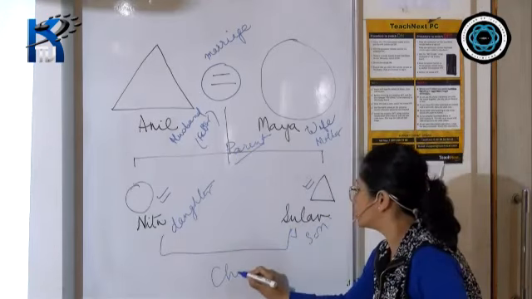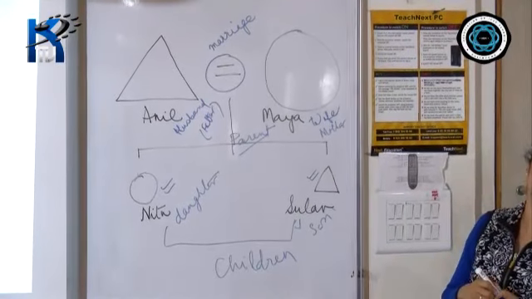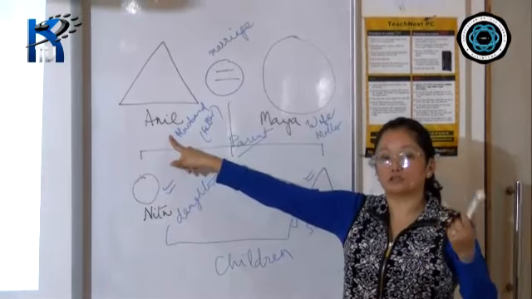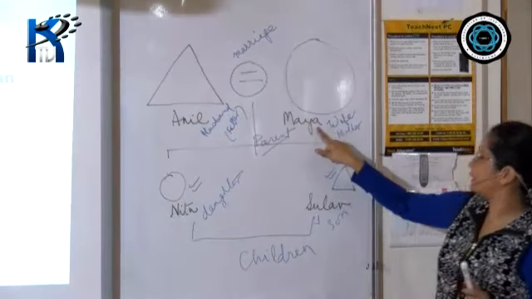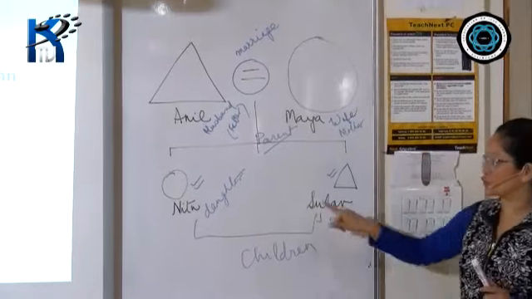and these two are the children. So look at the set of social relationships. Anil is performing the social role of a husband, a father. She is the wife. She is somebody's mother. These two are children.